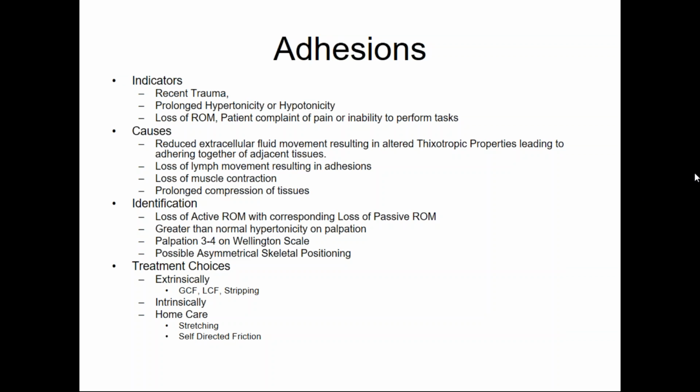The difference between general cross-fibering and stripping. Well, let's start with stripping. Stripping is an application where you start at one end of a muscle fiber, you apply pressure, and you travel steadily through that entire muscle fiber right to its opposite end. That is stripping. General cross-fibering is something where you're not looking for the end of the muscle fiber.